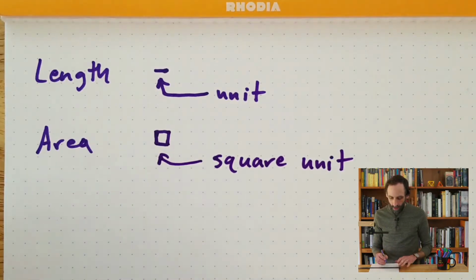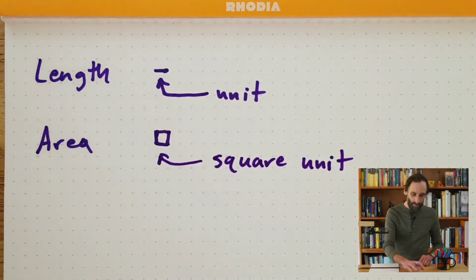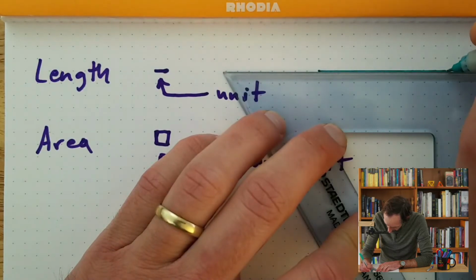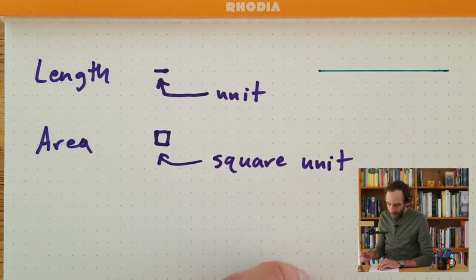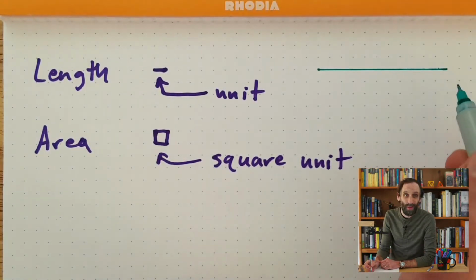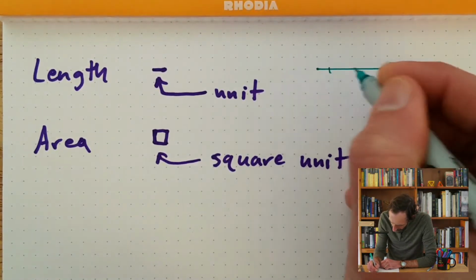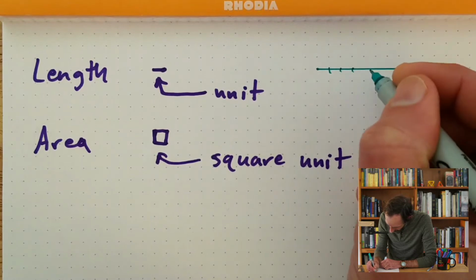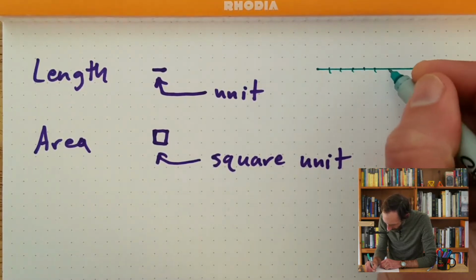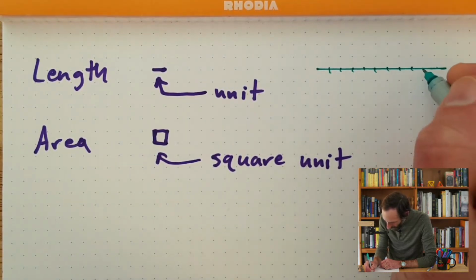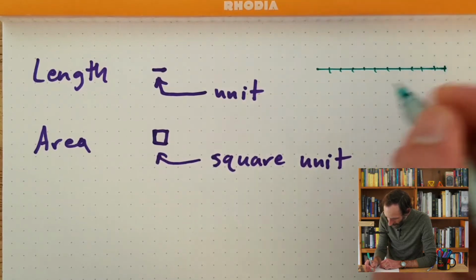If I wanted to know how long a line was, so now in order to determine how long this line is, I can just count the number of units that make up this line. And so that goes to 1, 2, 3, 4, 5, 6, 7, 8, 9, 10, 11.